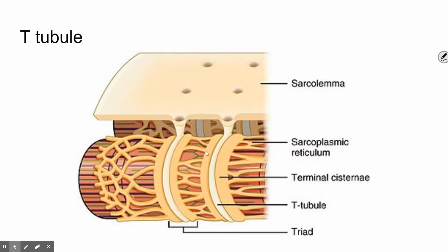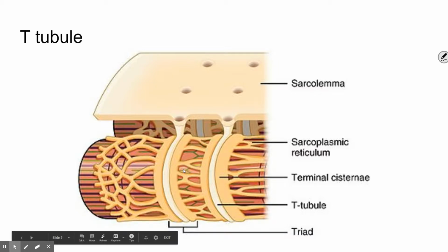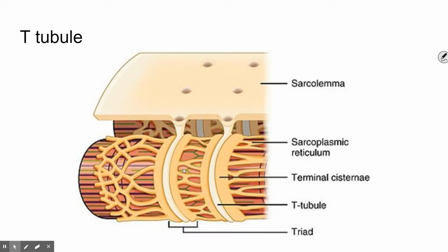And then the last part here is called the T-tubule. It probably stands for something, but I always just thought it looked like a T because of the line here and the straight, but you do what you want on that. The T-tubule is basically this: this is the sarcolemma, the cell membrane for the muscle cell, and there's basically a hole that goes down into the muscle cell with each of those myofibrils.